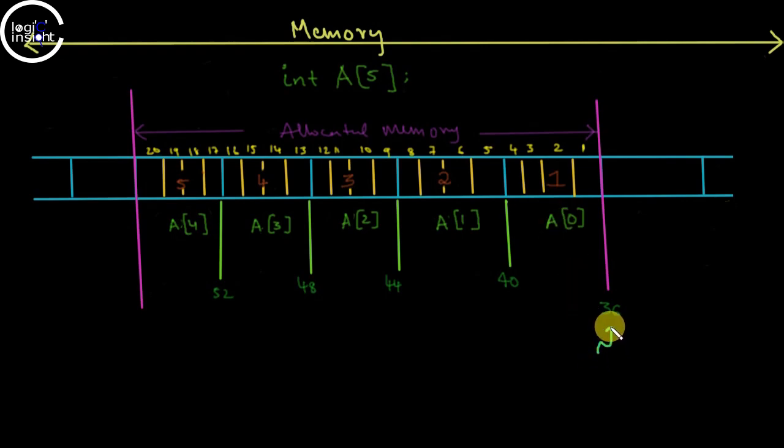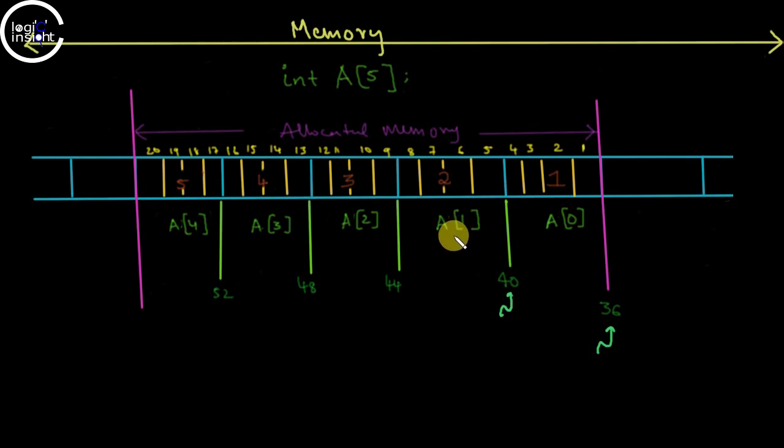If I give 36, then it will fetch 36, 37, 38, 39, all the values present in that memory address, and we can take the values and do some calculations. We can get the value 1. If I want to access this element, then I have to give the address 40, then 40, 41, 42, 43. We take all the values and do some calculation on that. We'll get the value 2.